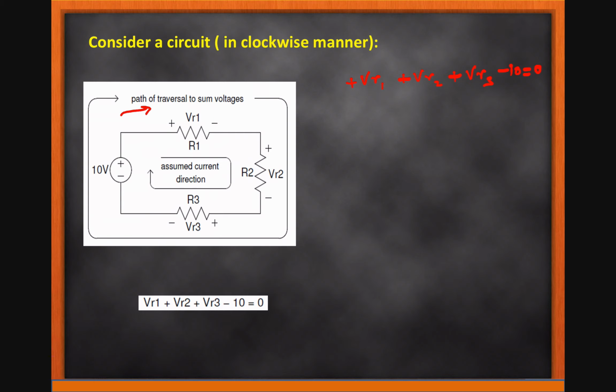This is the equation of this circuit by KVL, Kirchhoff voltage law. Here we take minus 10 because minus comes first, and we take plus for VR1 because in VR1 plus comes first.